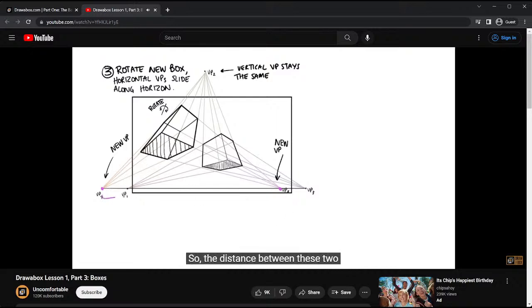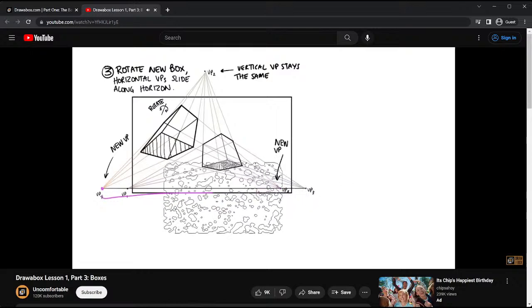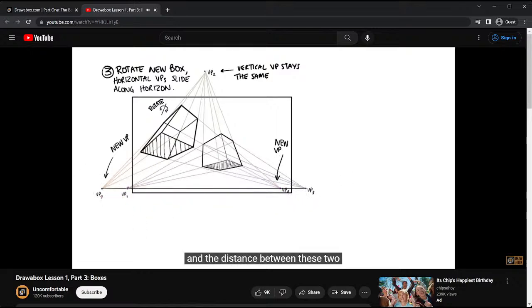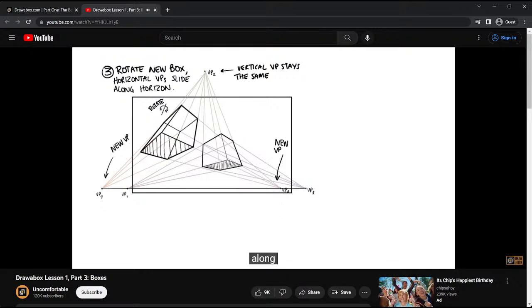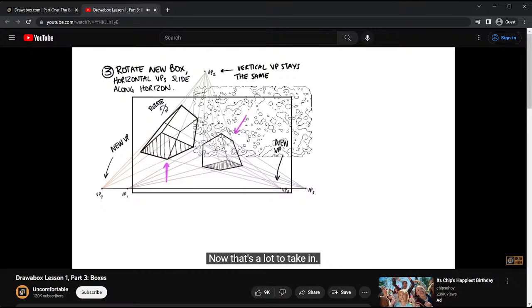So the distance between these 2 and the distance between these 2 are the same. The vanishing points have simply slid. I've slid them along an axis. They went this way. And as a result, this box is slightly rotated. This one is slightly rotated relative to this one. Now that's a lot to take in.